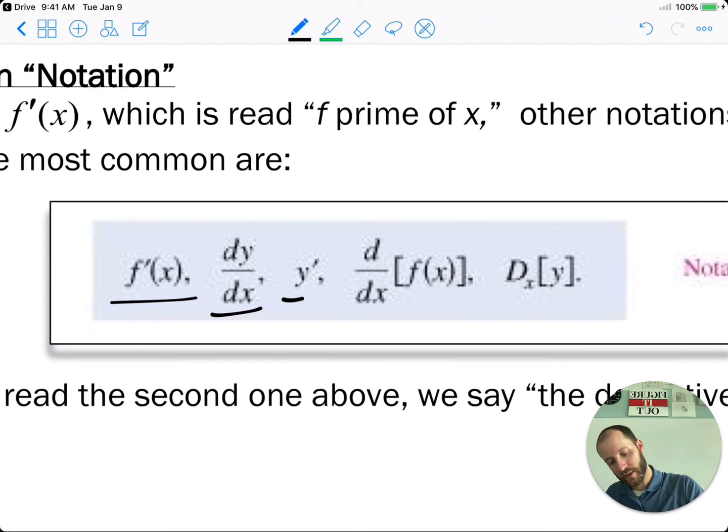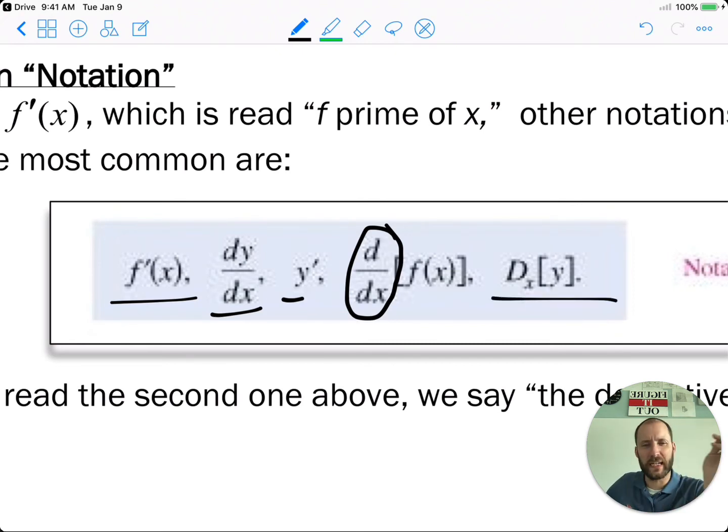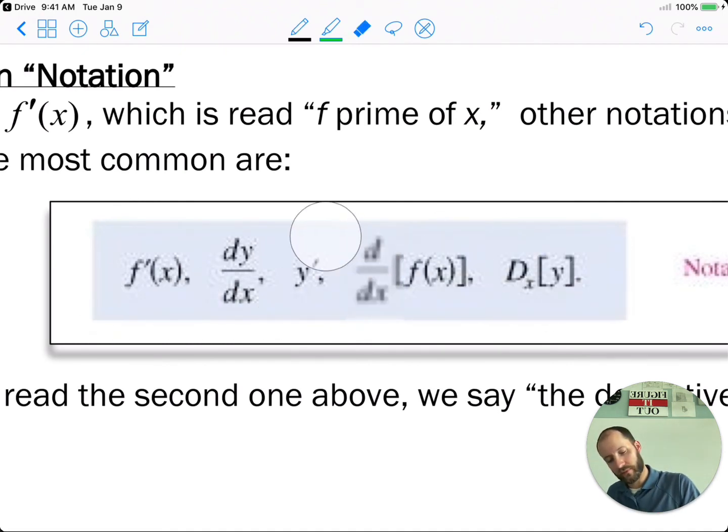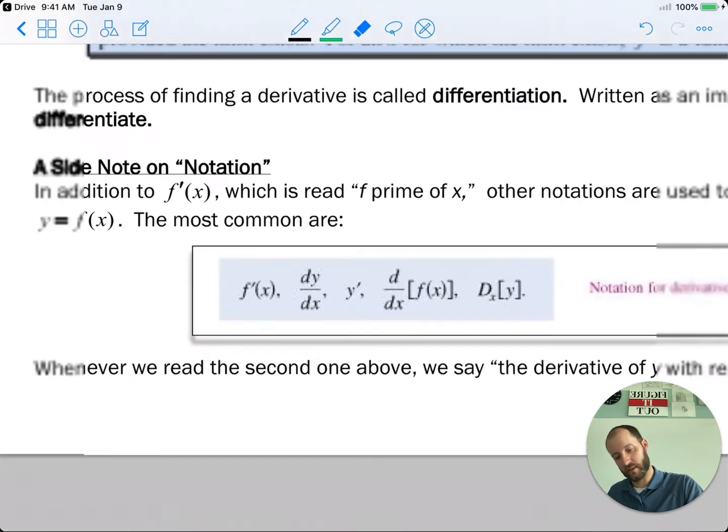Y prime, the derivative with respect to x of f of x. In this one, I don't really see it, but the derivative with respect to x of y. So of course, a bunch of different ways to say the same thing.